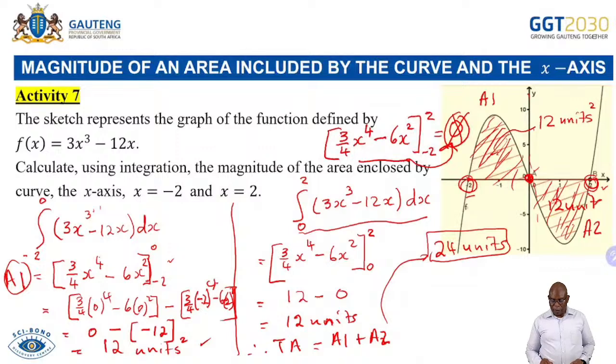So if I've got a symmetry, I know it's 0 to 2, 0 to negative 2, it's a symmetry. So that is a line of symmetry. Then we have to do some work there, and if you get something like this, you must then know: get that one as area 1, another one as area 2, work them separately, get those two answers, add the two answers, and you get the total area of the whole thing.